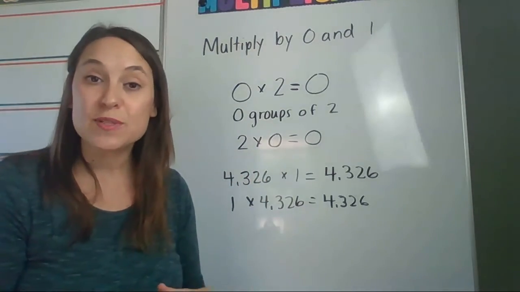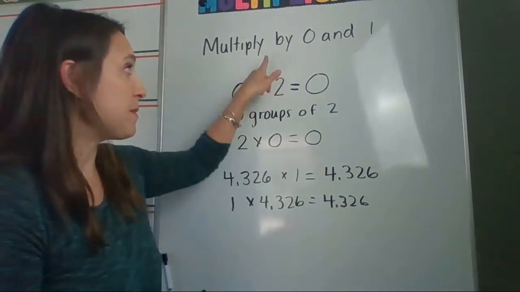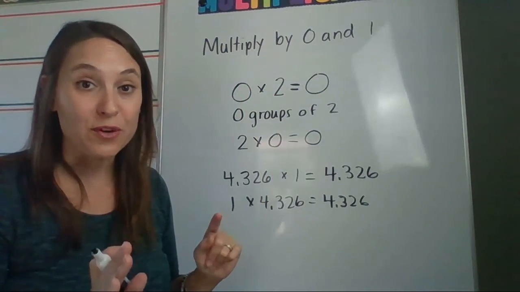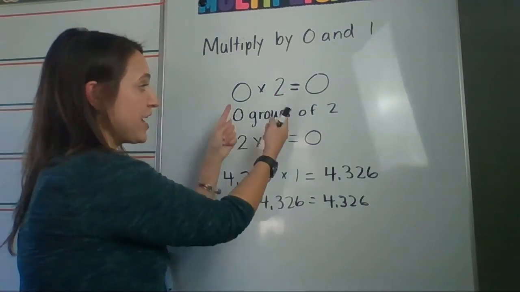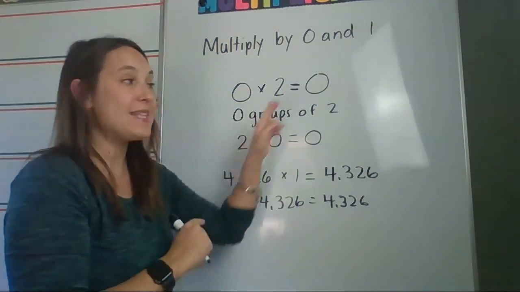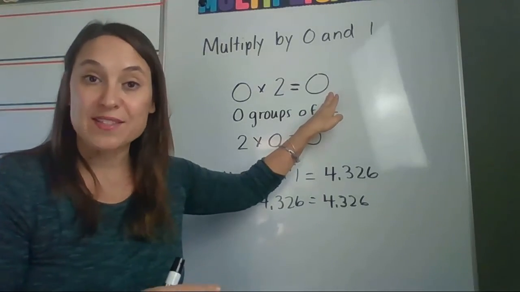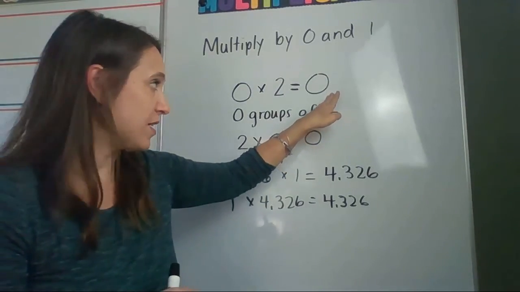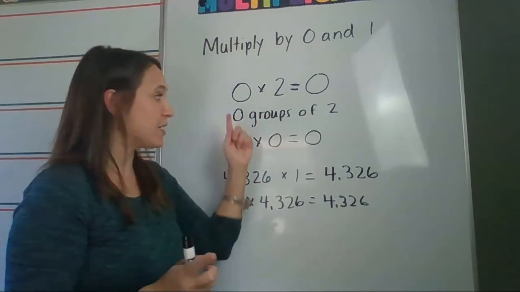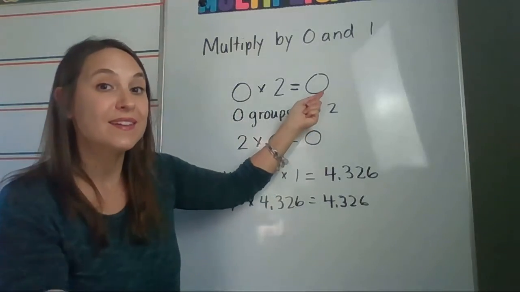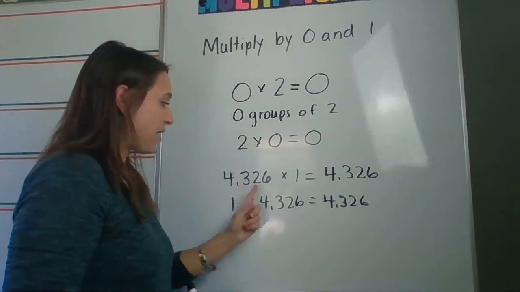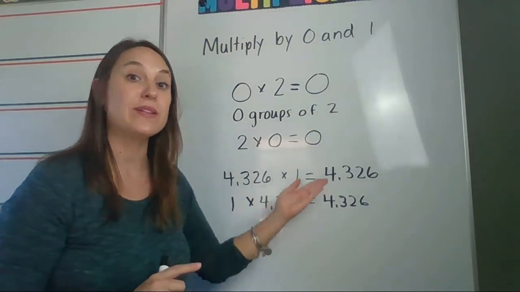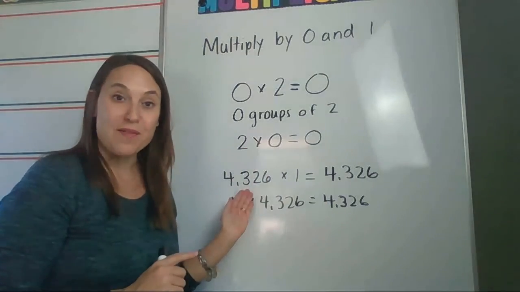And then for Tuesday, you won't have a second video. You'll be multiplying by 0 and 1. Don't forget the rules that you learned. You can change the order of the factors and still get the same product. That's the commutative property of multiplication. And whenever you're multiplying by 0, the answer is always 0. And whenever you're multiplying by 1, the answer is going to be that opposite number, the number opposite of 1.